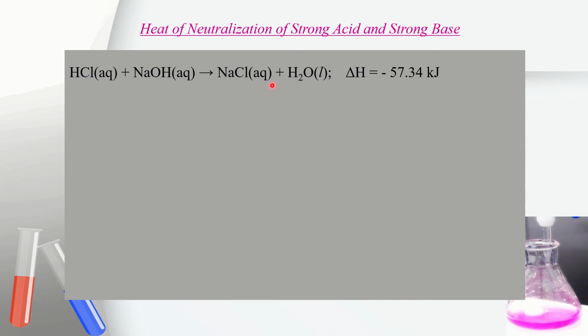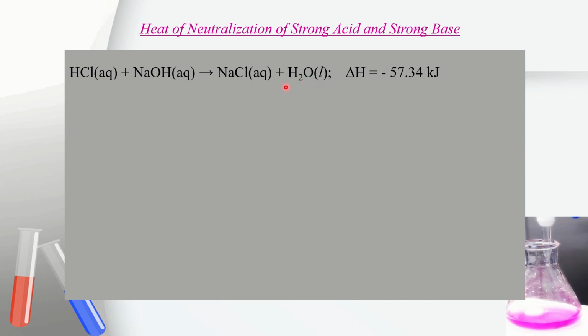And in the product sodium chloride, which is also ionized, no bond is formed; the ions are only seated side by side. But here only one bond is made, that is water. Hydrogen and oxygen, these two atoms, make the bond in water, and the other two ions, sodium ion and chloride ion, are spectator ions, and only one bond is formed.